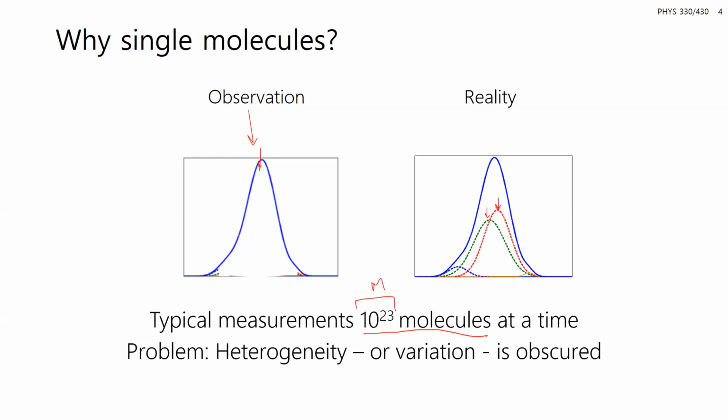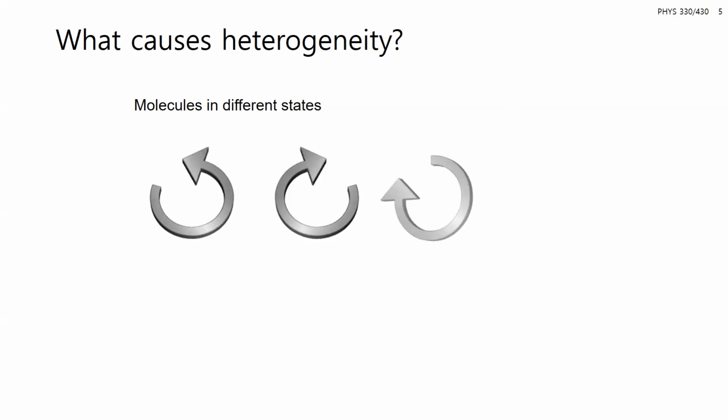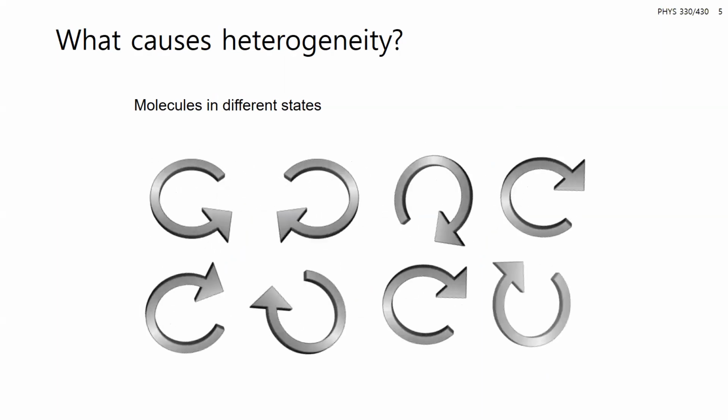Another way to illustrate this is a very simple animation. Let's say we have two different states that a molecule can be in. It can be rotating to the right and to the left. If we look at these individually, we can clearly tell the one on the left is rotating counterclockwise and the one on the right is rotating clockwise. But let's say we increase the number of molecules that we're observing.